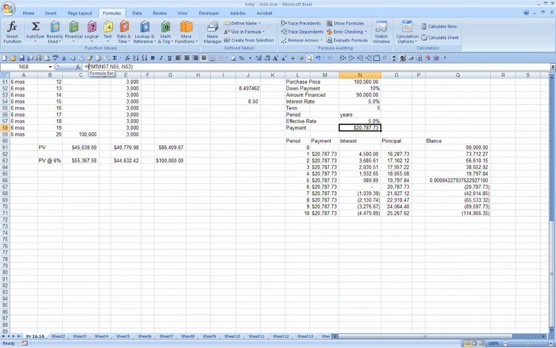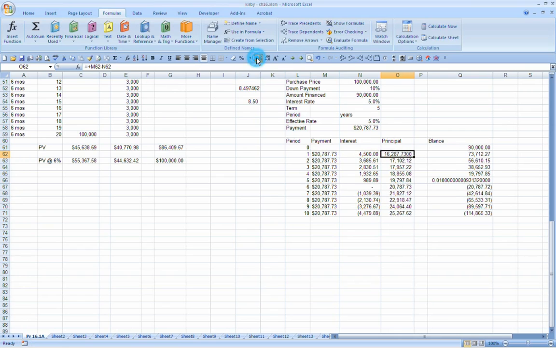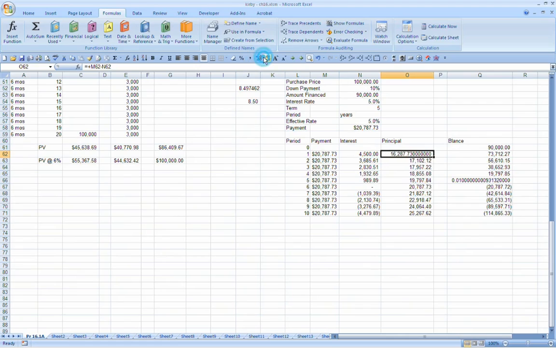Okay, so we can fix this by taking our payment. We have to go find where these crazy big numbers are, comma 2. So if I round that, now this should give me that. My principal should give me, it should all start to work at this point. See, it does.